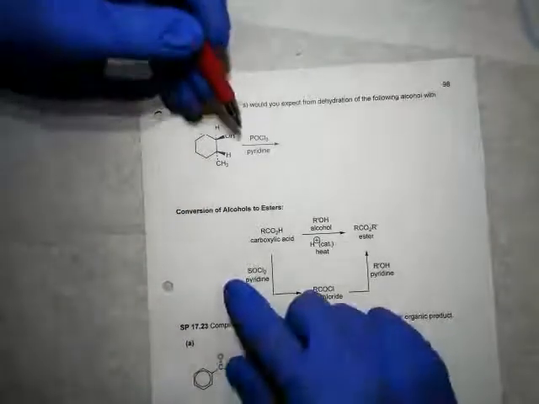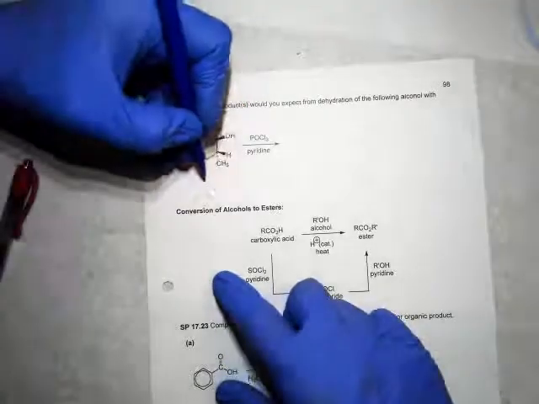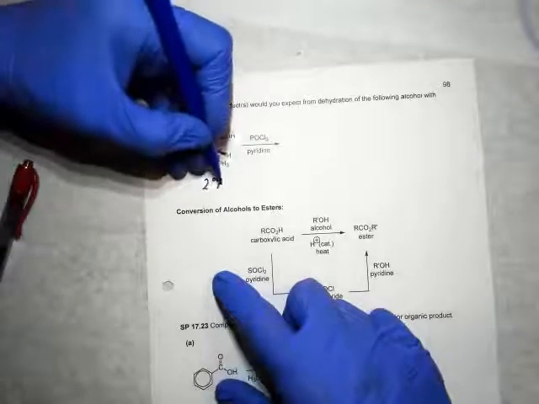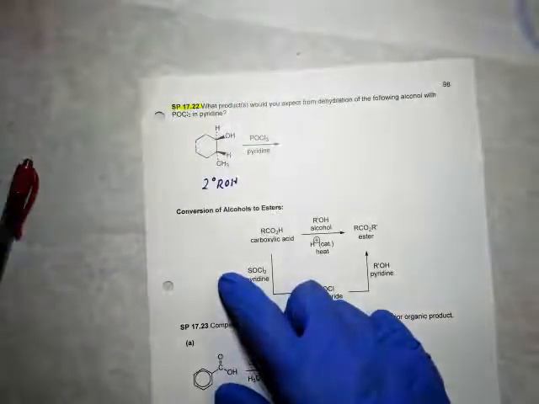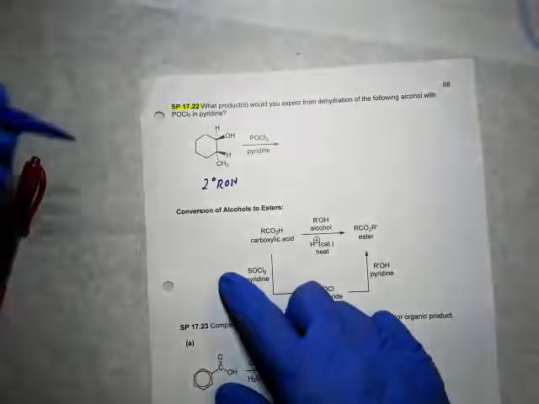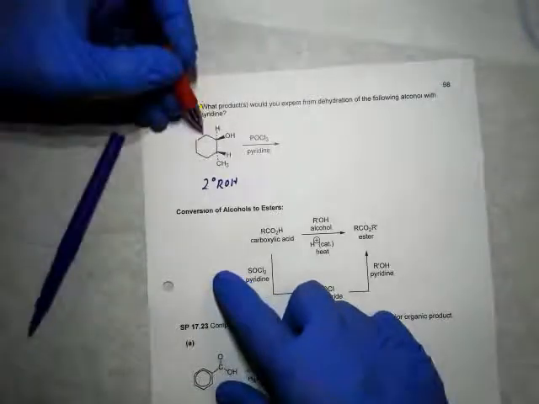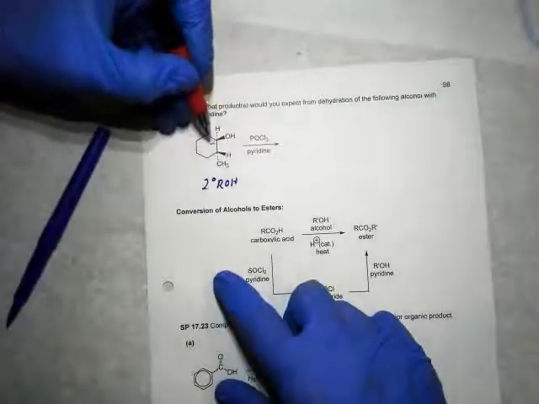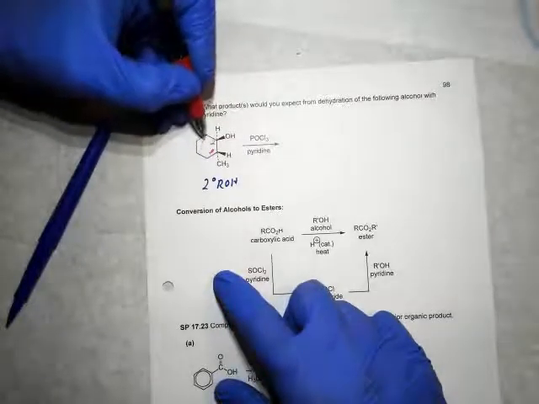So, cutting to the chase, the secondary alcohol is going to be converted into a good leaving group. Okay, let me write this down. But if we go back to the bottom of page 97, we see what's going to happen. Let me sketch the letter alpha here and remind ourselves that the adjacent carbons are beta.